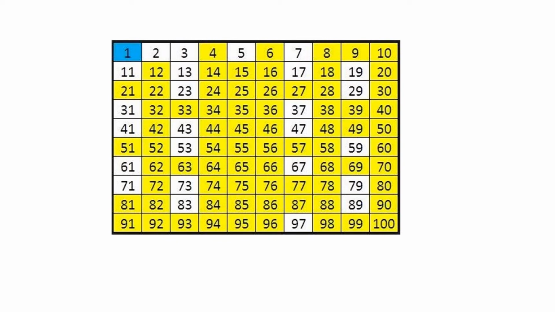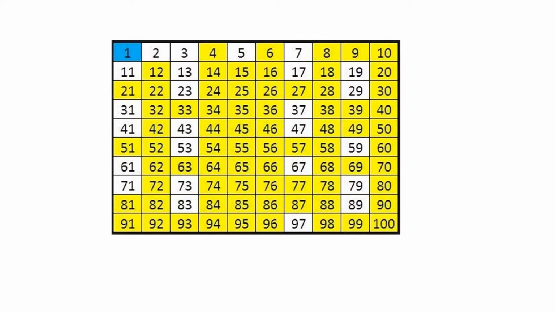So we can see 2, 3, 5, 7, 11, 13, 17, 19, 23, 29, 31, 37, 41, 43, 47, 53, 59, 61, 67, 71, 73, 79, 83, 89 and 97. Those are the prime numbers from 1 to 100.